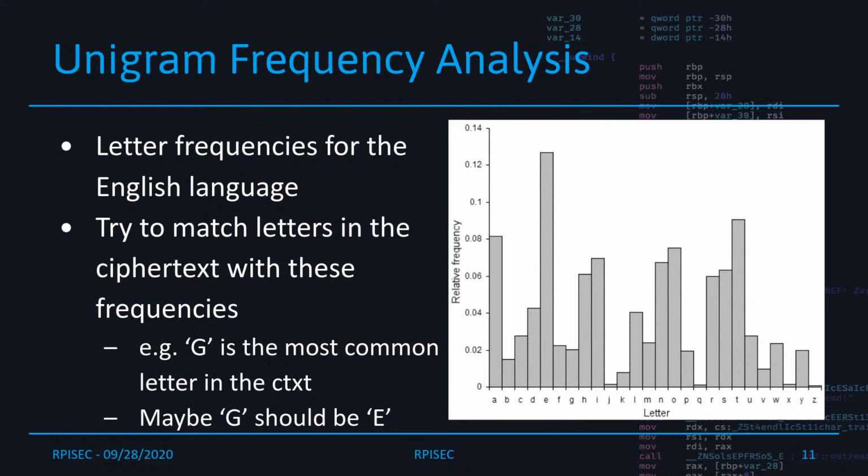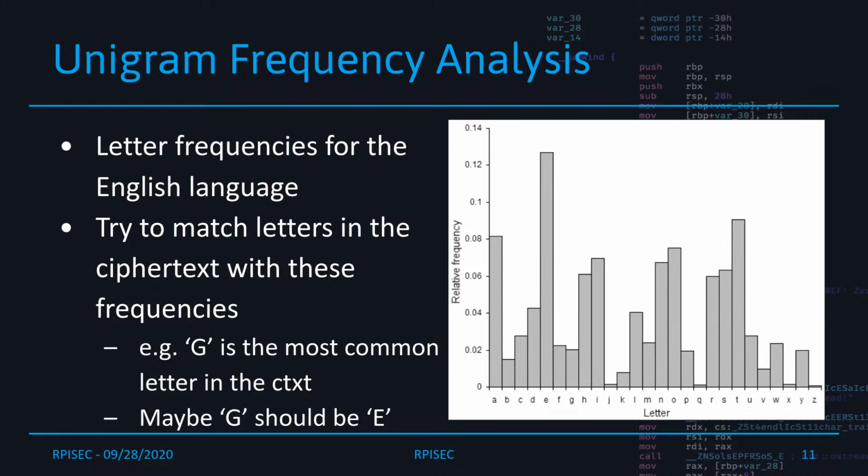For example, everyone knows that the letter E is the most common letter in the English language. It appears in more words than any other letter. So if we have a really long ciphertext and see that G is the most common letter in the ciphertext, then maybe we could surmise that G was mapped from E. So E in the plaintext was transformed into a G in the ciphertext.